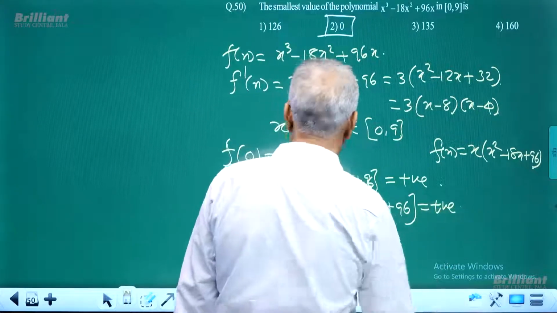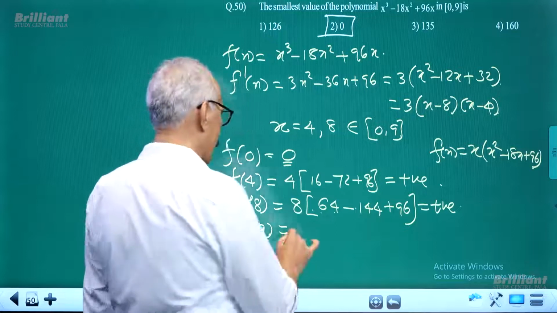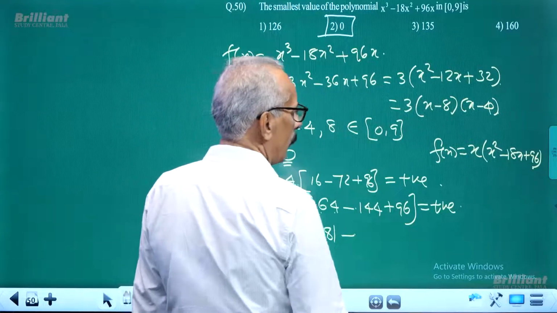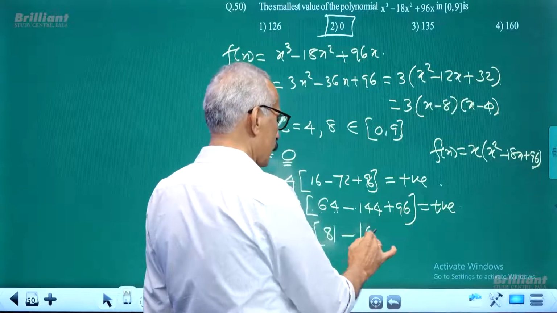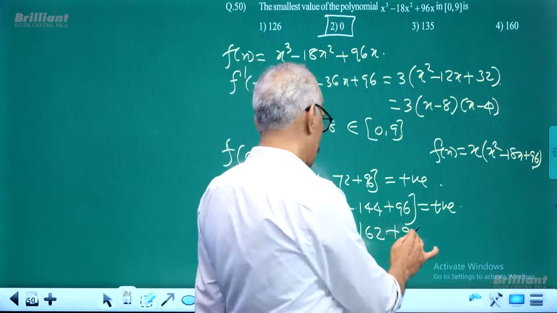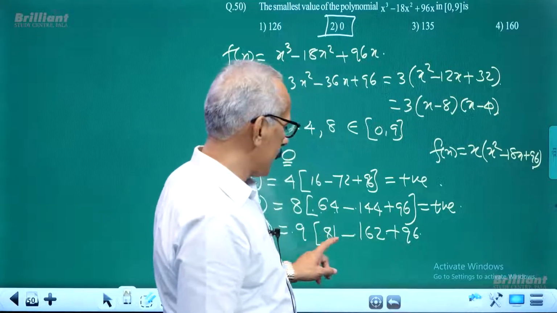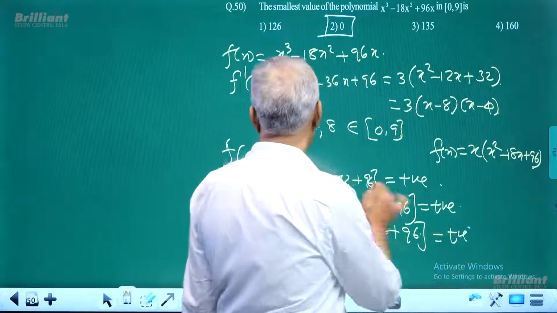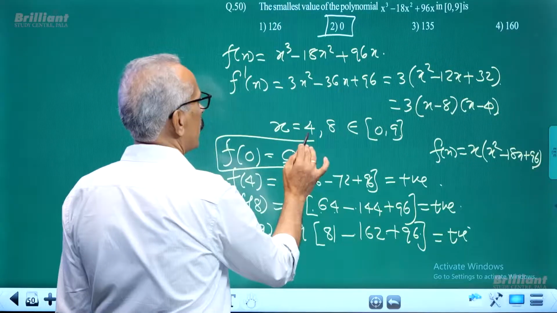F of 9 is 9 into 81 minus 162 plus 96. This is also positive. Therefore, the least value is f of 0, that's equal to 0.